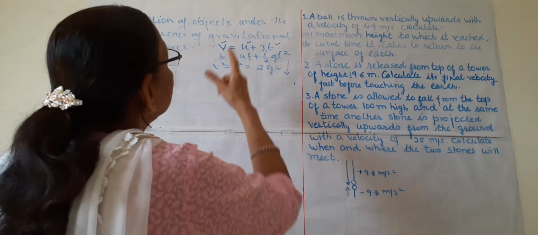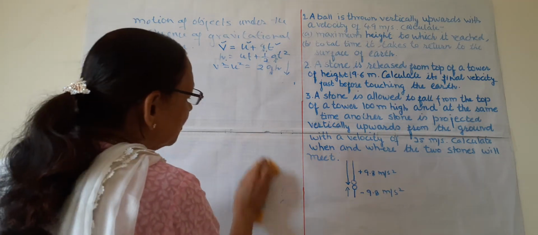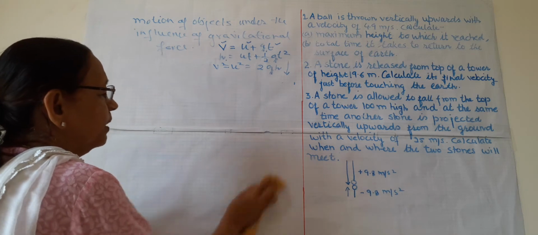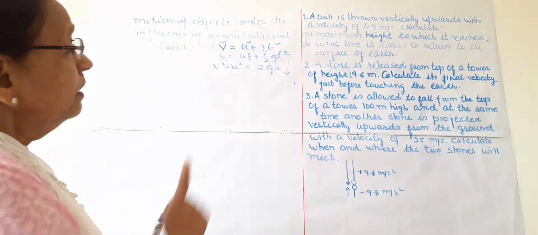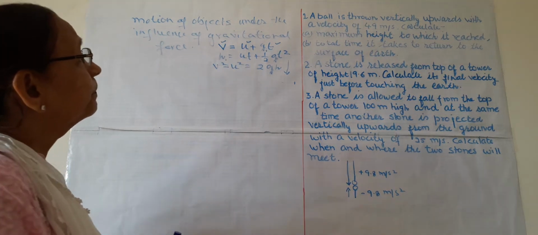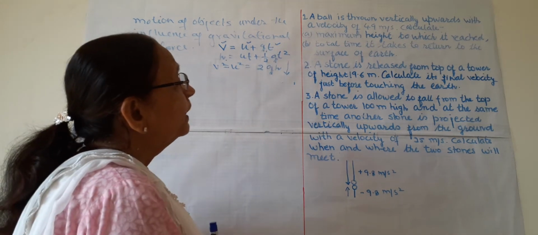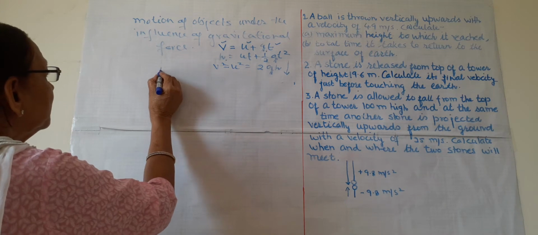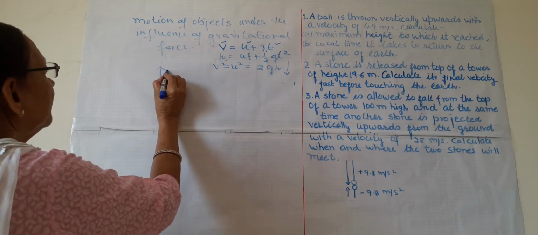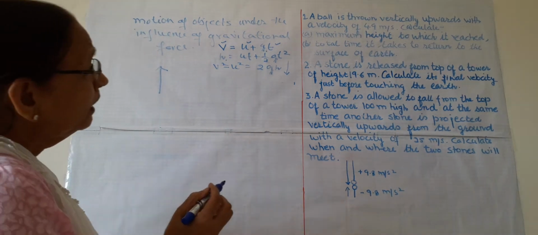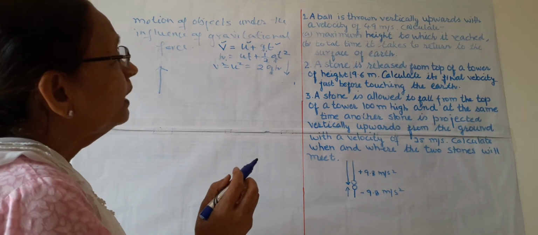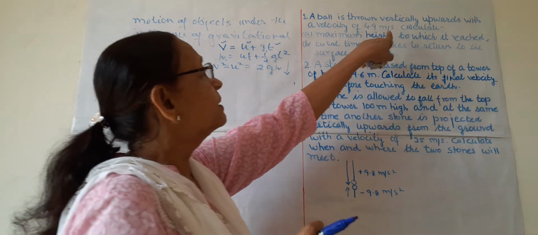So now these three are our equations of motion for gravitational force. So first, a ball is thrown vertically upwards. So I will draw a diagram. This is a ball. It is thrown vertically upwards with a velocity of 49 meters per second.